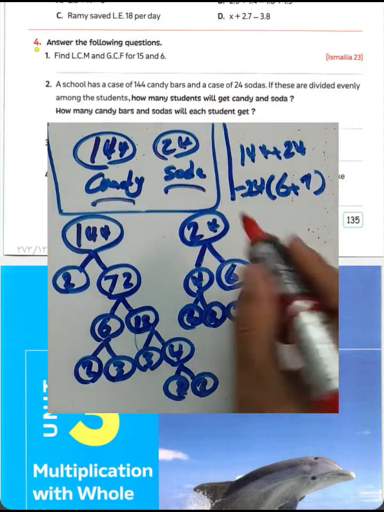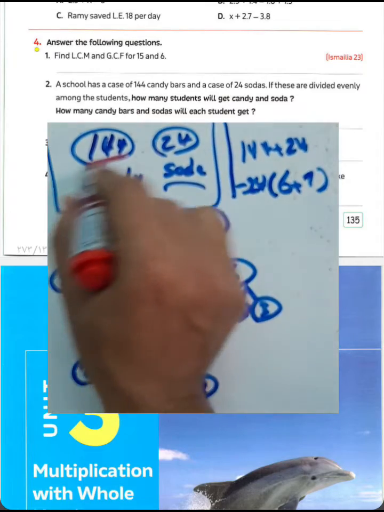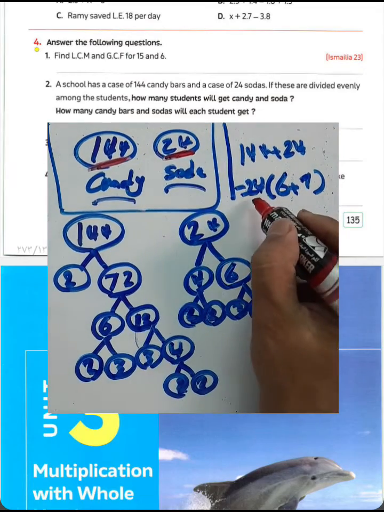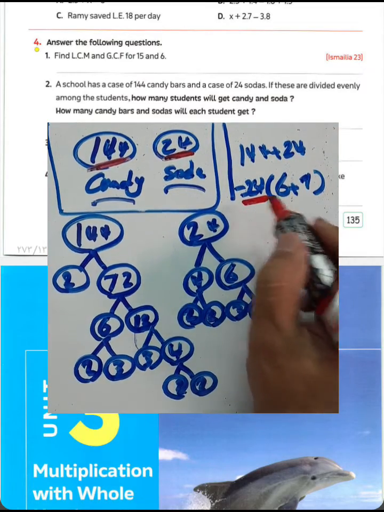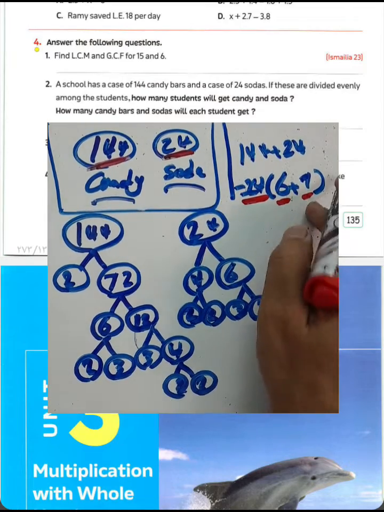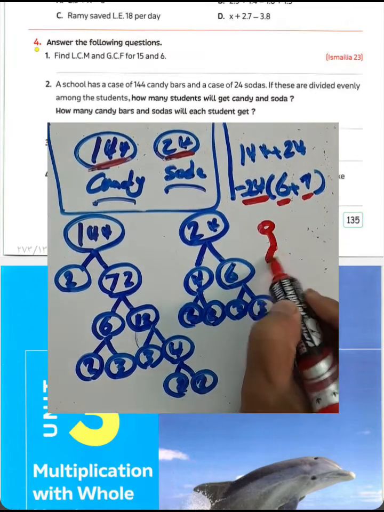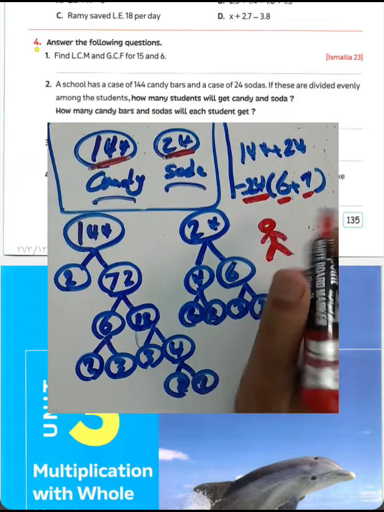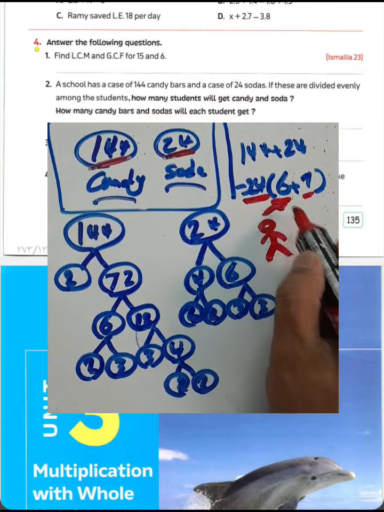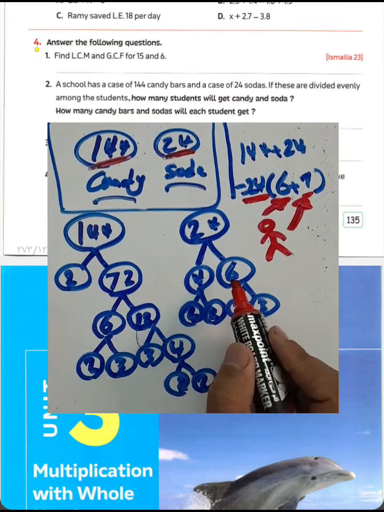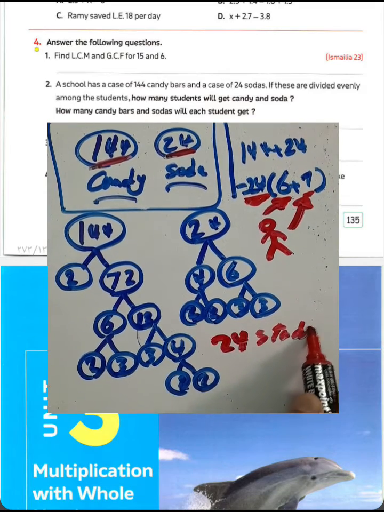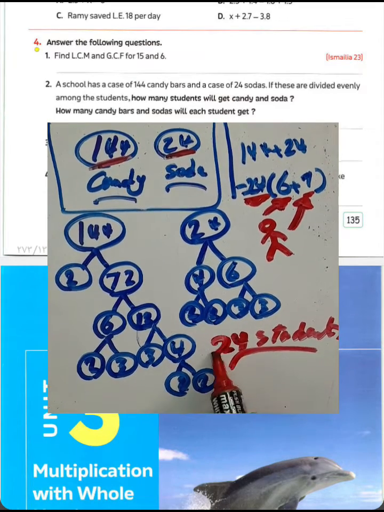Again, we distribute 144 candy bars and 24 sodas to 24 students. Each one of them will get 6 candies and 1 soda. We have how many students? 24 students.